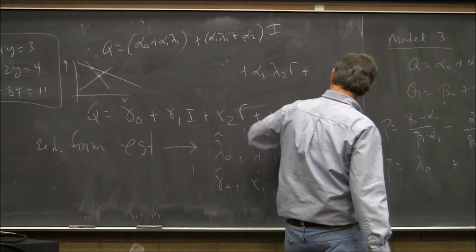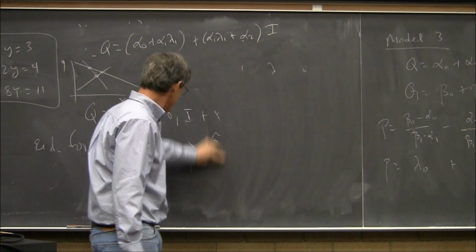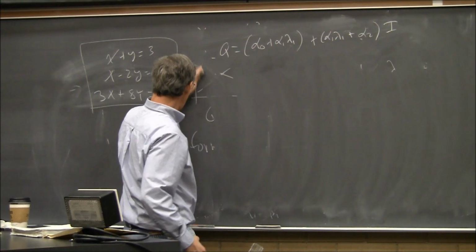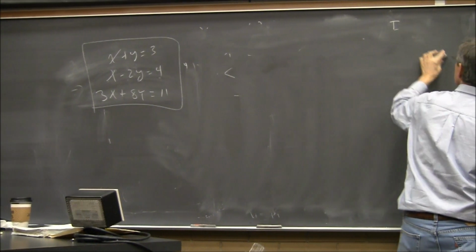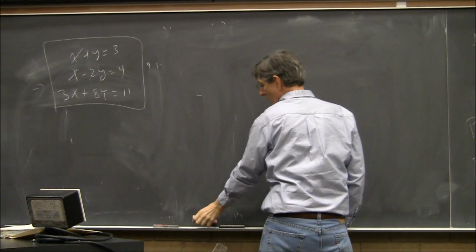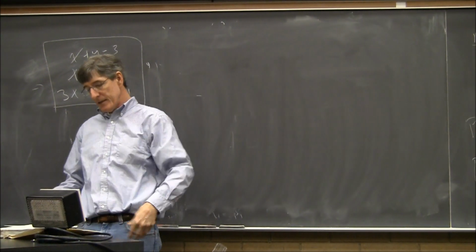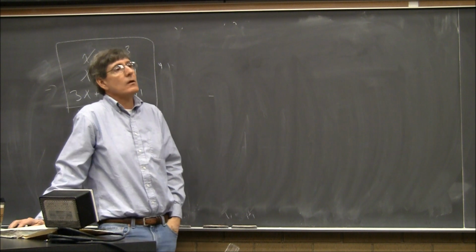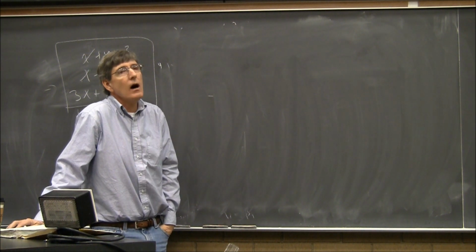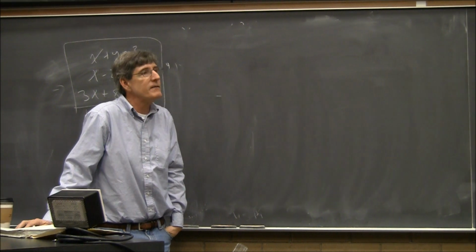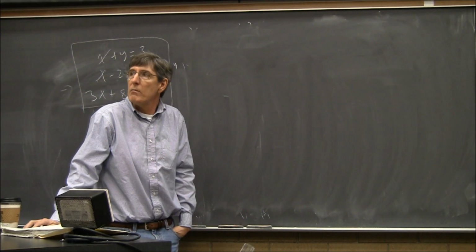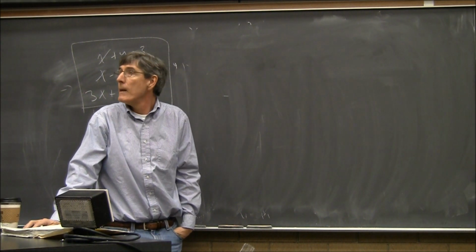Now, let's come up with a way of determining whether a model is identified or not. If we have these structural equations, how do we know, without actually solving for the reduced form and going through all the stuff I just went through, whether the model is identified or not?